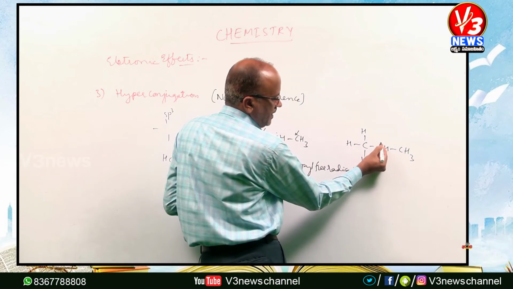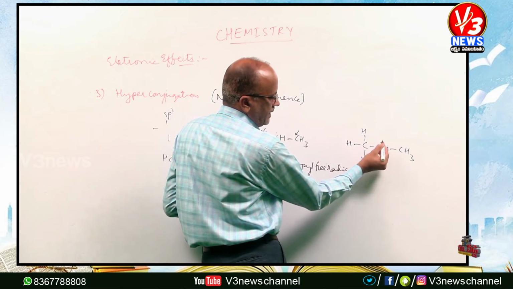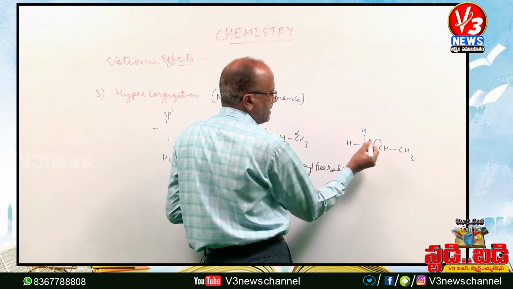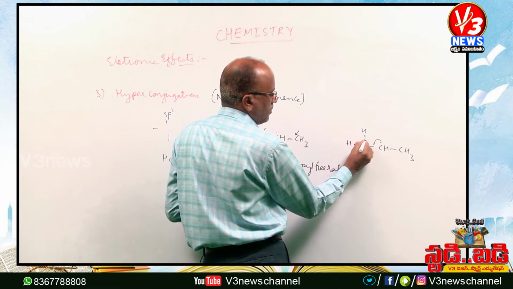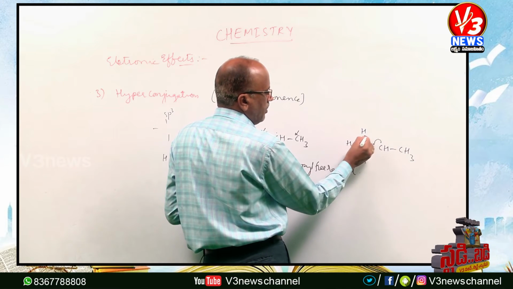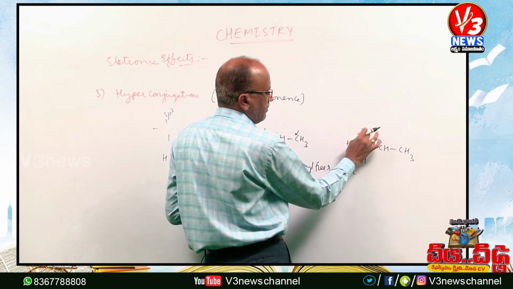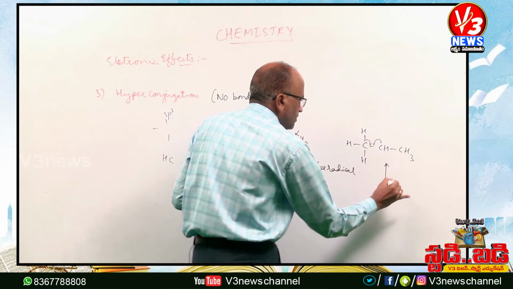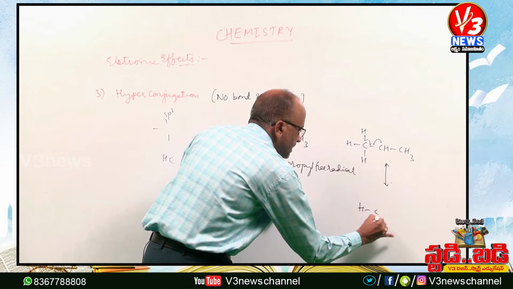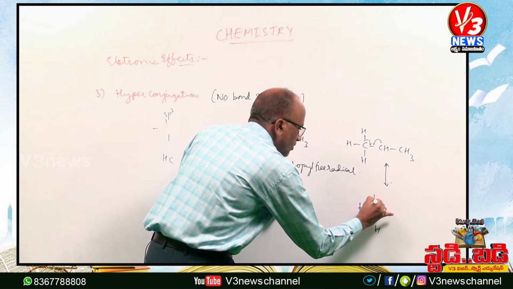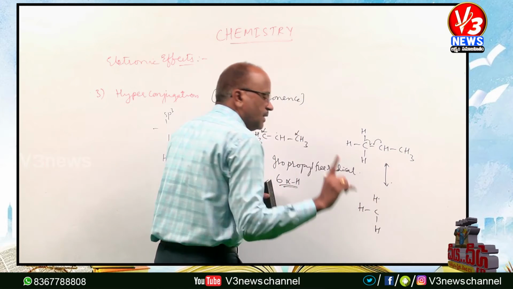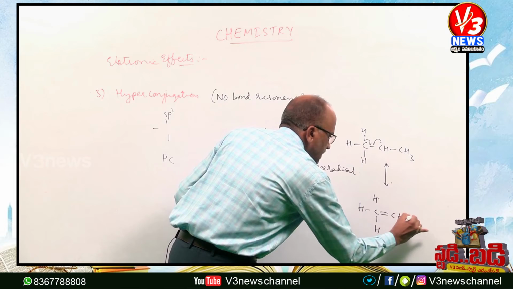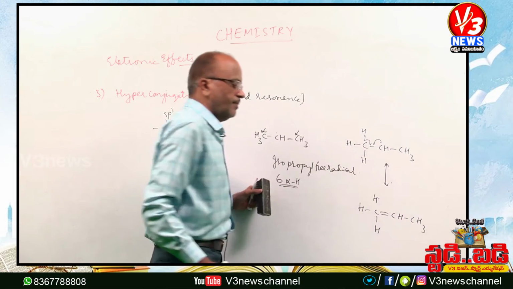Now, this electron requires one more electron to form a bond, so it is shifted in this direction. One electron from this is taken to form a bond and another electron is left at this hydrogen. So its hyperconjugative structure is written with H, with this hydrogen shown with a single electron. Now a double bond is formed here, CH3.